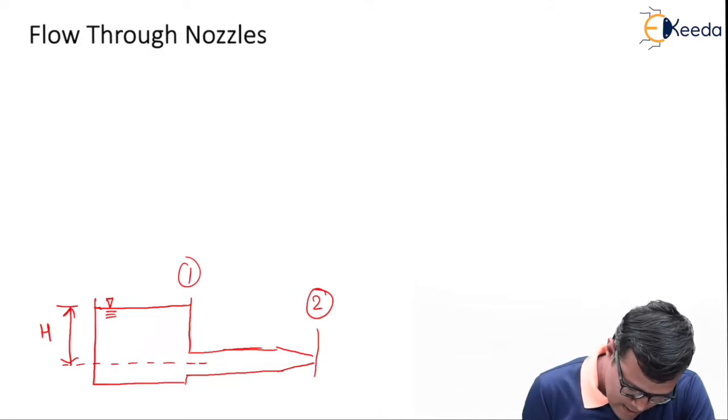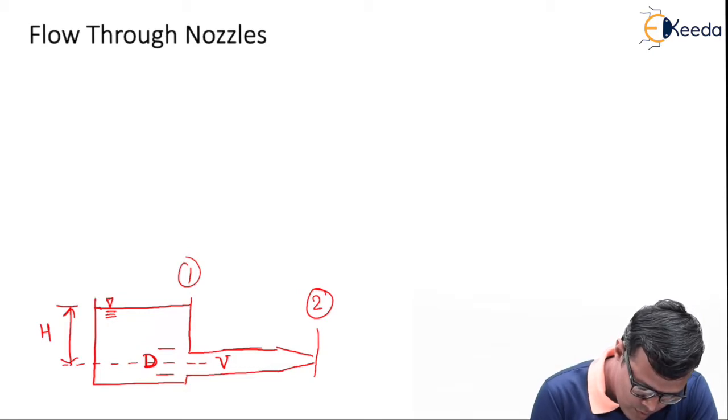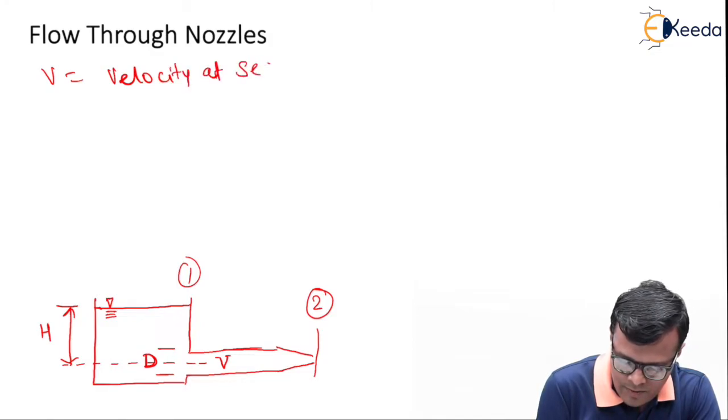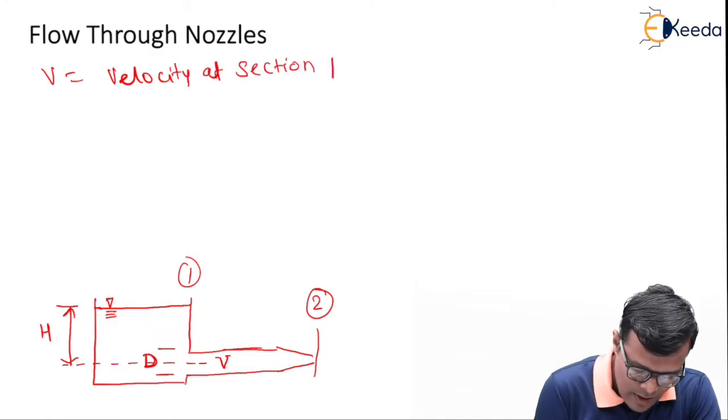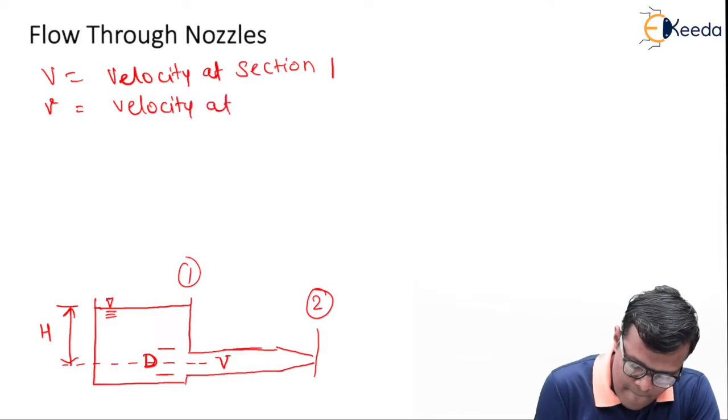Let's start. Say the dia of the pipe, this distance, be capital D, and the velocity at section 1 be capital V. So V is the velocity at section 1 and small v be the velocity at section 2.